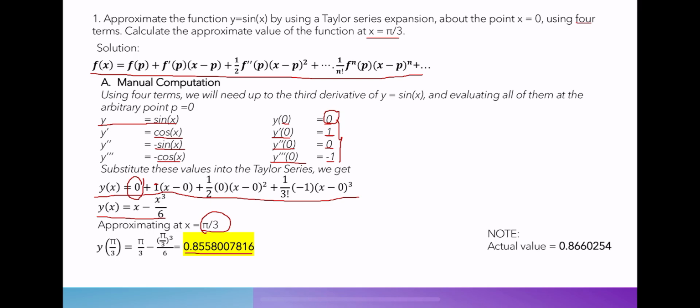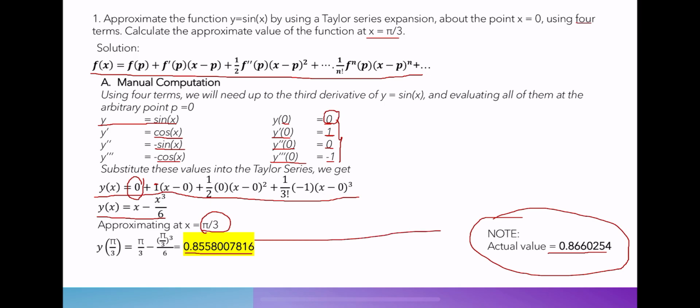We can check the actual value of sine pi over 3 using our calculator as well. The actual value of that function is 0.8660254, as shown in this portion. Meaning to say, after 4 terms of Taylor series expansion, we haven't yet reached the actual value of the function.